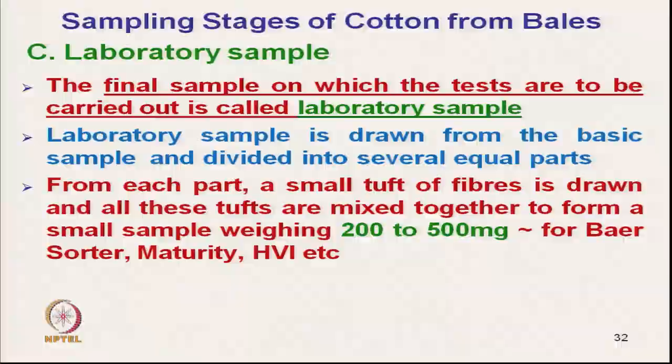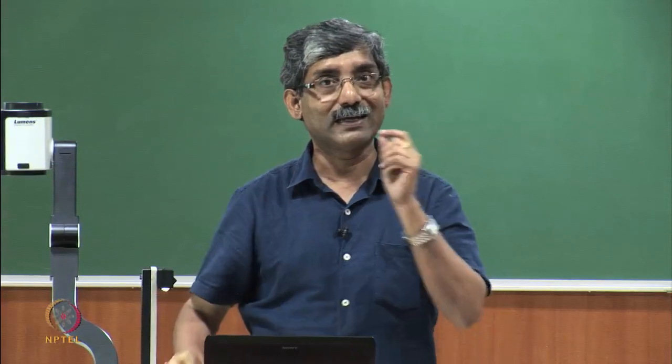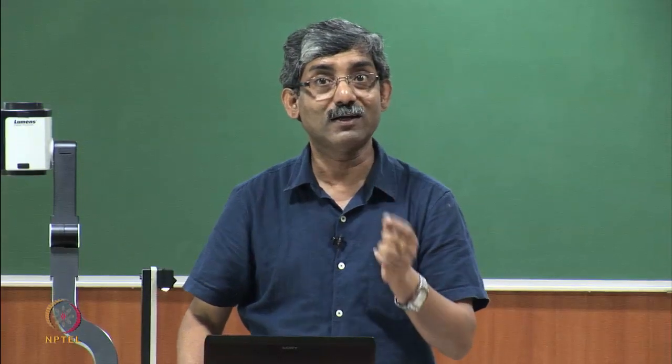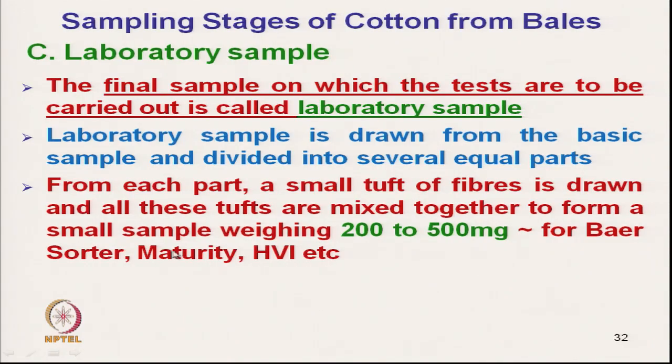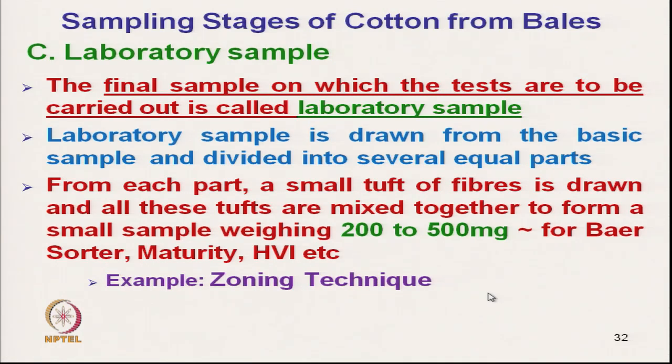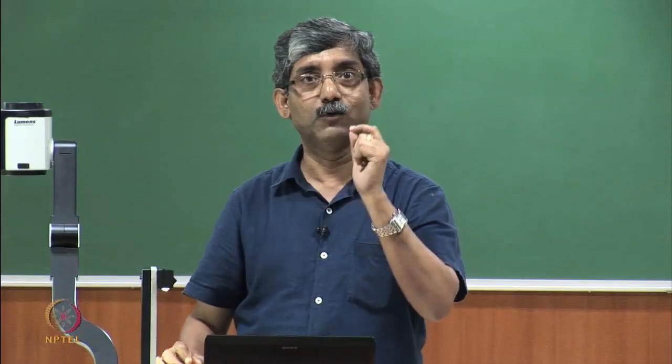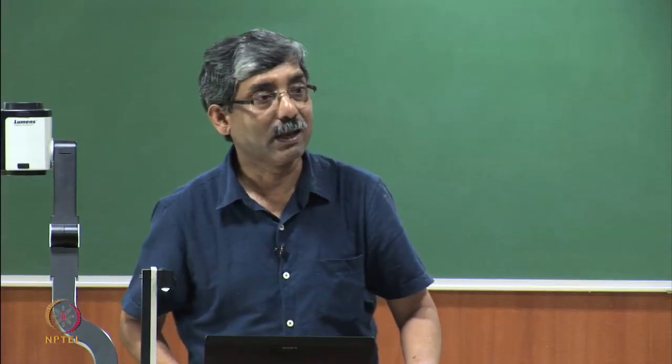Small tufts of fiber are drawn from each part, and all these tufts are mixed together to form a small sample. The technique used here is typically called the zoning technique, for maturity, HVI, all these characteristics. I will discuss the zoning technique here. Using the zoning technique, one can get the laboratory sample.